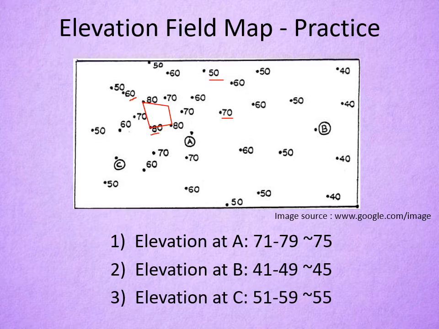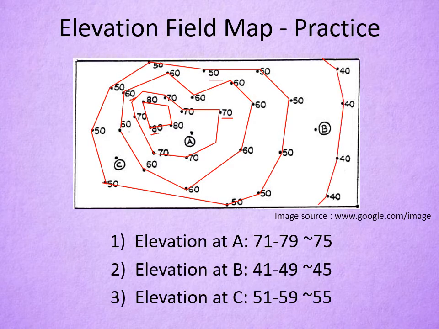All points of height 80 feet or 80 meters, we have joined them. Similarly, we draw the contour lines of 70 feet or 70 meters, likewise 60, 50, and 40. This way, after measuring the heights or depths of individual locations, we join the points having the same elevation or the same depth. So these are my contour lines.